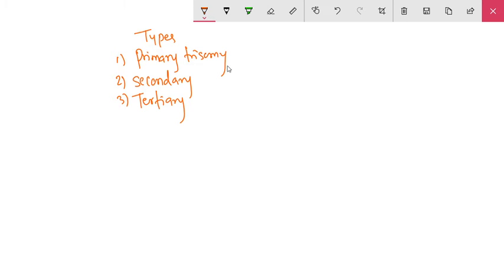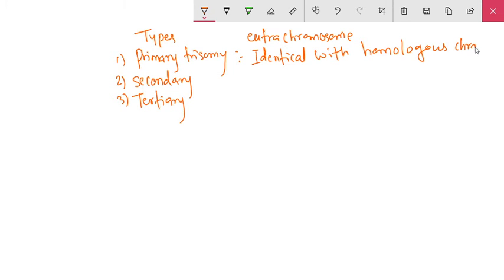When the extra chromosome is identical with the homologous chromosome, that is known as the primary trisomy. Okay, we will draw here one figure.